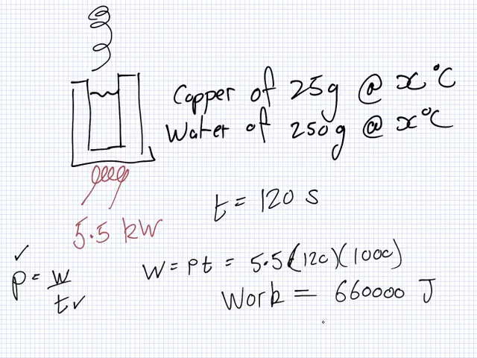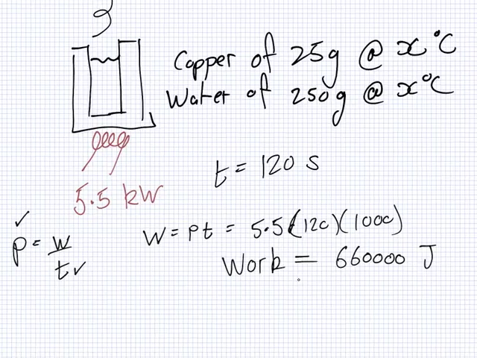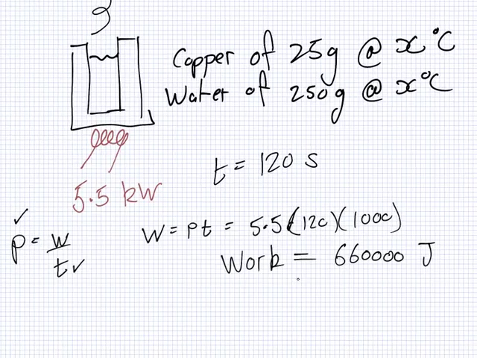Now why is that helpful? Well, we can now calculate what was the work done by using the other formulas. So, three things happen. The copper gets warm, the water gets warm, and the water turns into steam. Okay, let's begin with the copper getting warm. So what's the M for copper? 0.025.